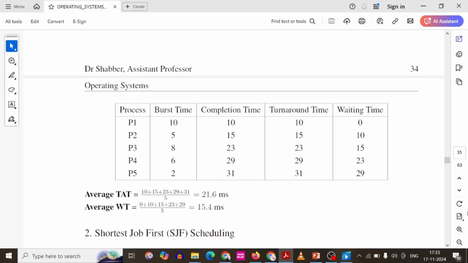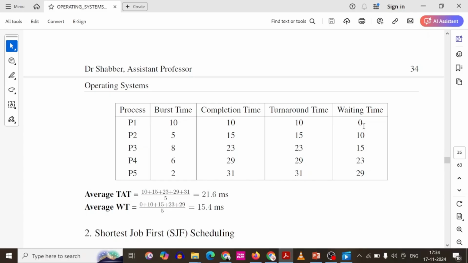Now we are calculating the turnaround time. We kept them in this order because it is first come first serve. In this scenario we have 5 processes: P1 comes first, then P2, P3, P4, and P5. To calculate the turnaround time, we subtract the arrival time from the completion time: 10 minus 0 is 10, 15 minus 0 is 15, 23 minus 0 is 23, 29 minus 0 is 29, 31 minus 0 is 31.